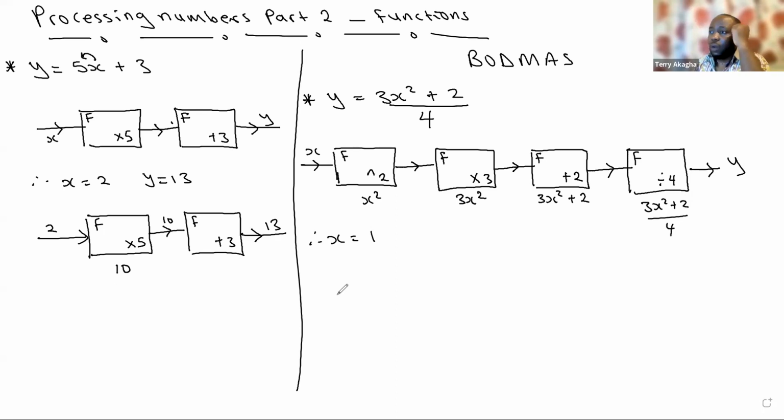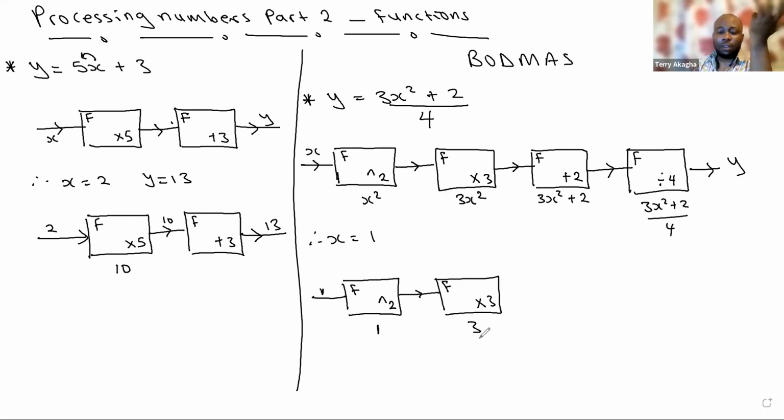Is it okay? So now, to make this easy, let's say x is equal to 1. The same thing, we're going to draw the same diagram. We have the input to be 1. We have a function that raises it to power 2. So 1 to the power 2 gives us 1. Then that 1 is going to be the input for the next one, so you multiply it by 3, and that gives you 3. Does that make sense? Then the output of this function is going to be the input for the next.